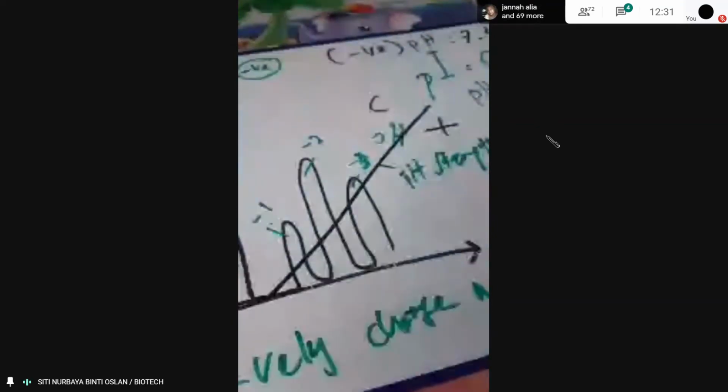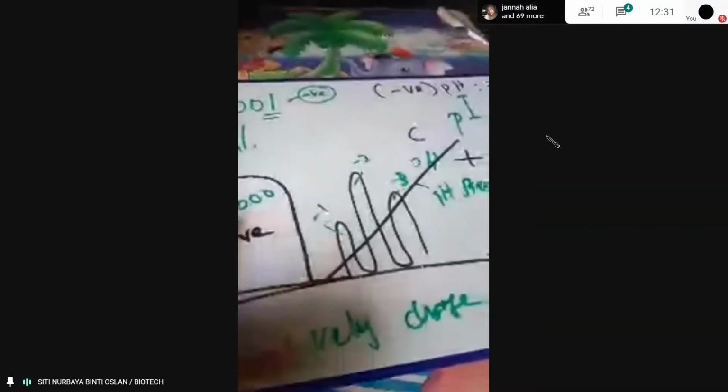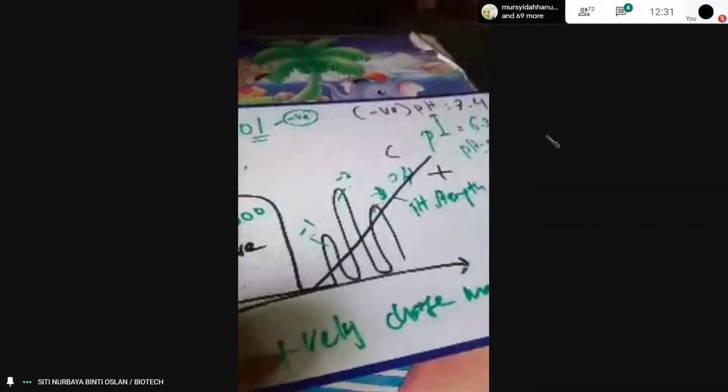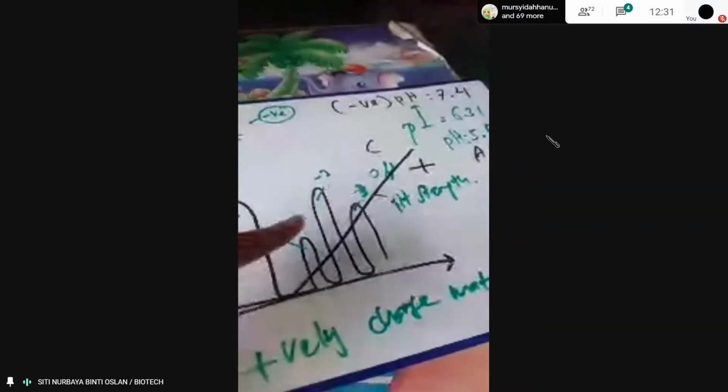Okay? So remember, we want the protein to bind to the matrix, but not too strongly, so that it can also be eluted later on.